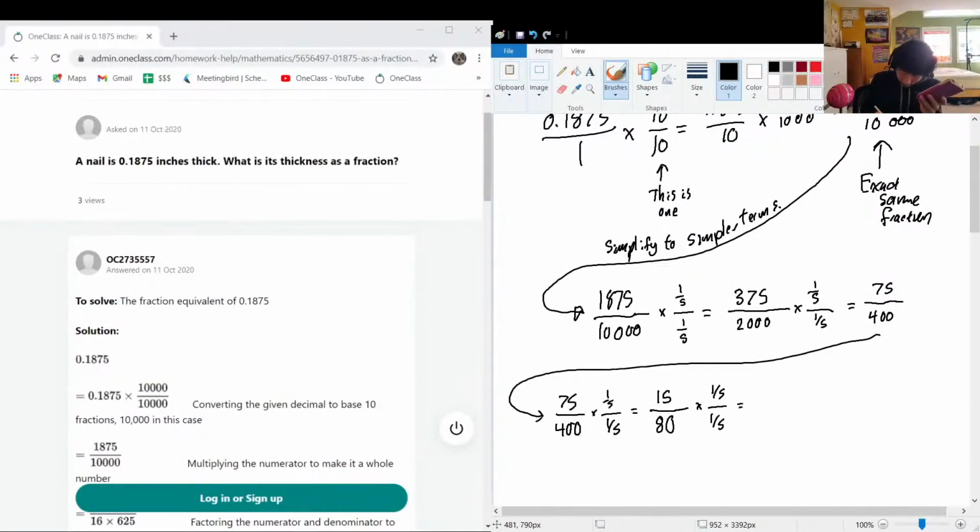And this is equal to 3 over 1/5 of 80, and that is 16. Now, we can't break down 3, 3 is a prime number. If we have a prime number in the numerator or in the denominator, that means we've simplified it as much as we can, and we know that this will be our final fraction.